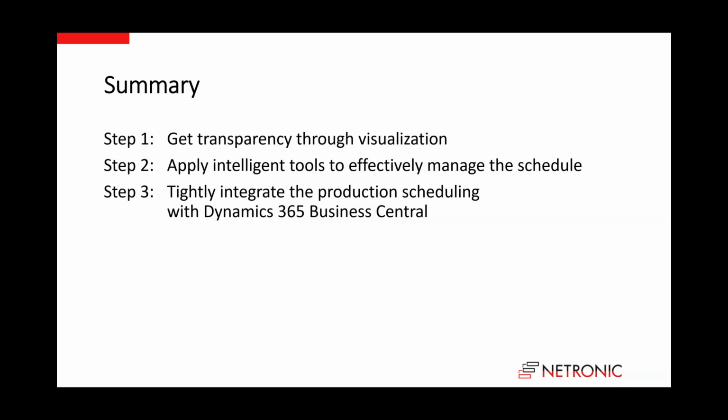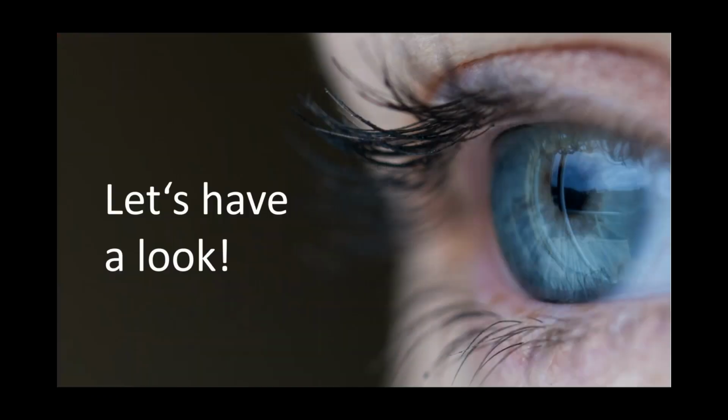With this, we are pretty confident that customers can get full control over their production schedule within a couple of weeks. And now we should have a look at the product.